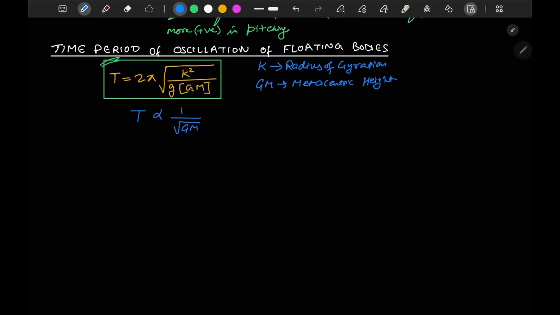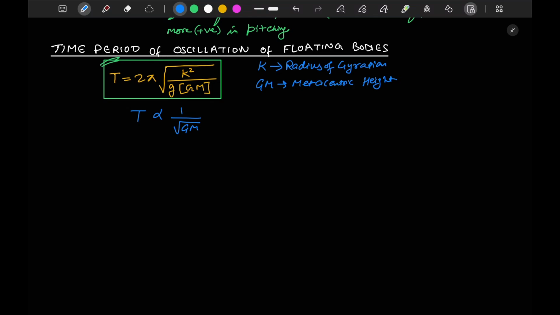Let's say that you are sitting on a pendulum. Let's consider two scenarios: in one case the time period of the pendulum is small, and in the other it is large.